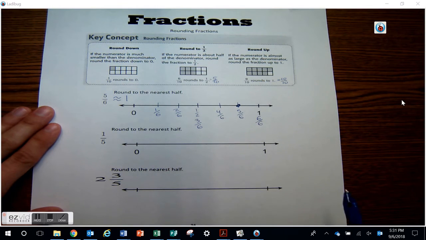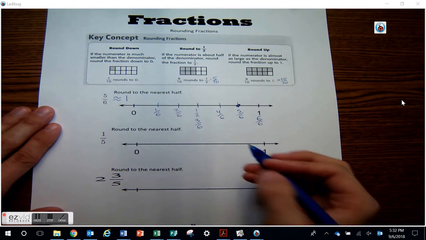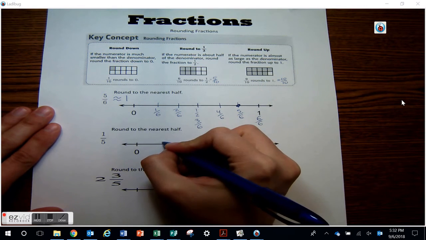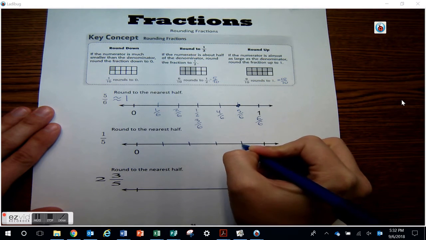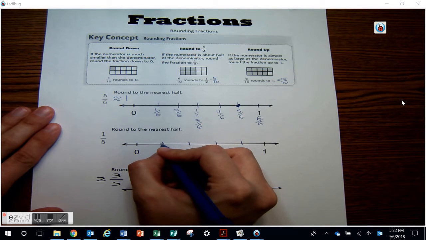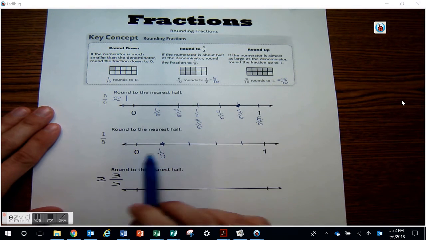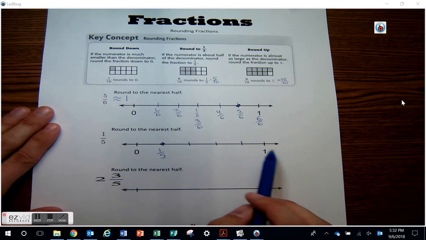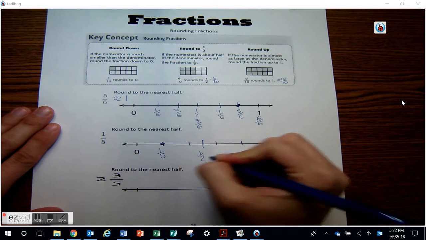Let's look at this one. Round to the nearest half. We're going to plot 1/5. How many pieces am I going to break my whole, 0 to 1, up into? We should be breaking it into 5 pieces. I'll do my best: 1, 2, 3, 4, and 5 pieces. 1/5 is going to go right here.